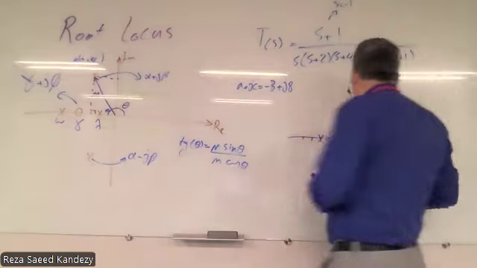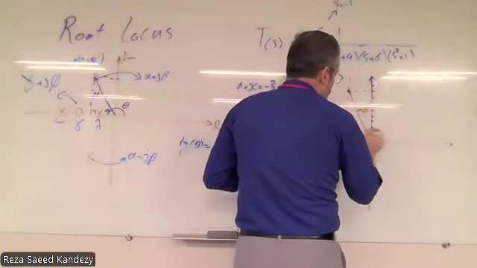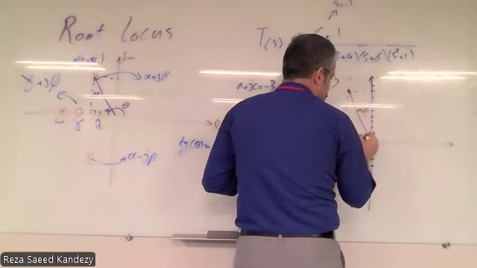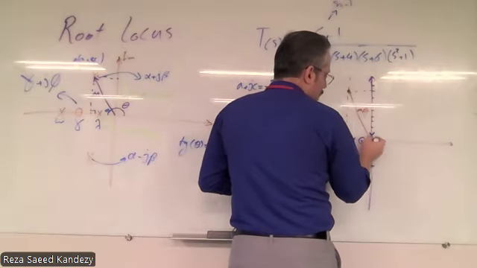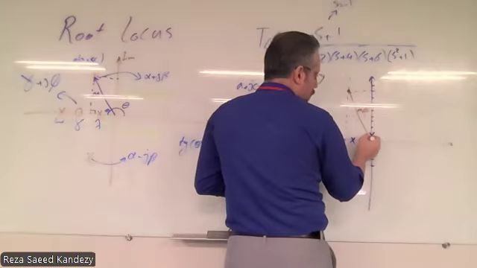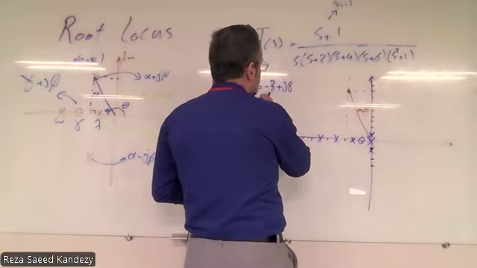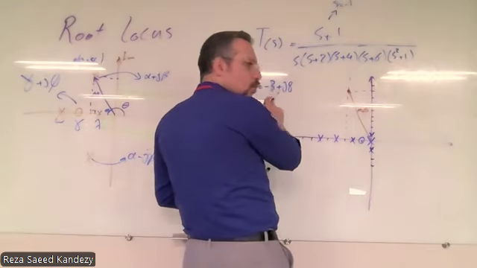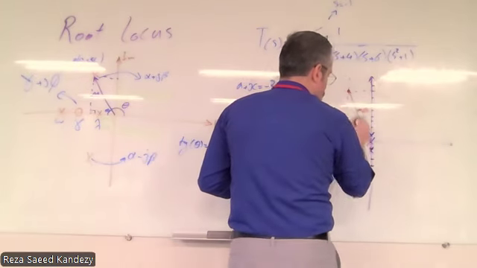So if I'm shifting it 1 unit, the real part would change by 1 unit, the imaginary part would not change. So now it's minus 2 plus j8, and minus 2 is here.